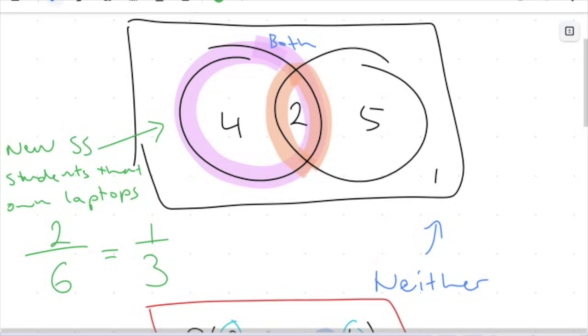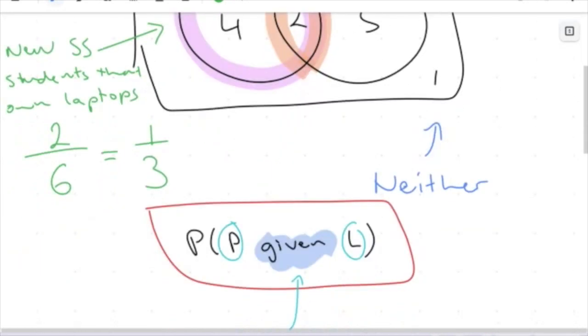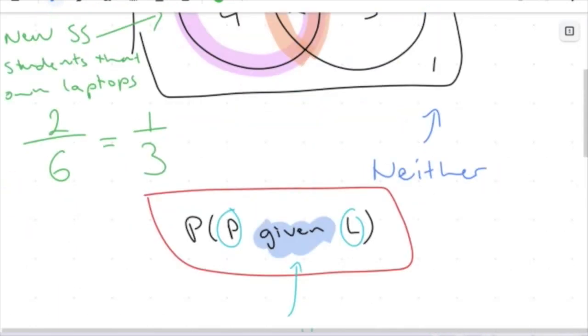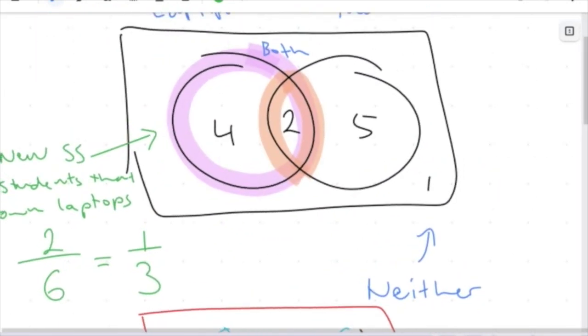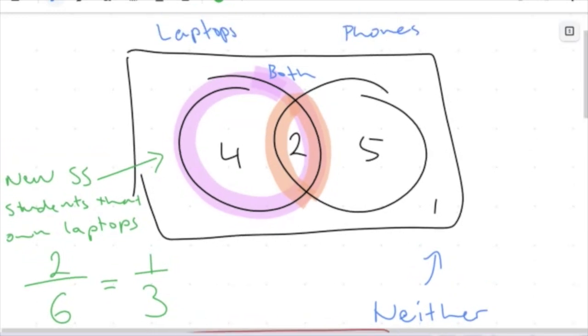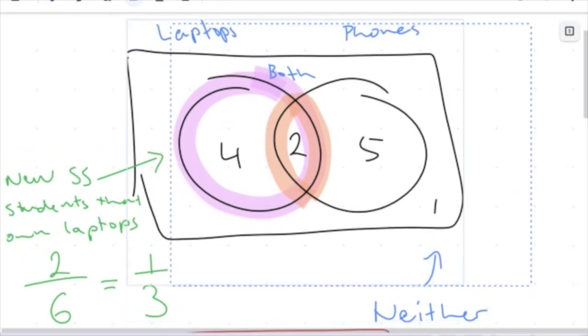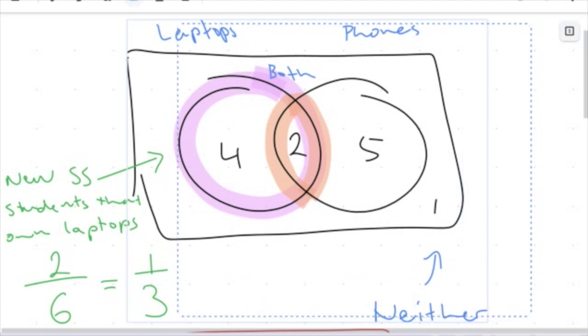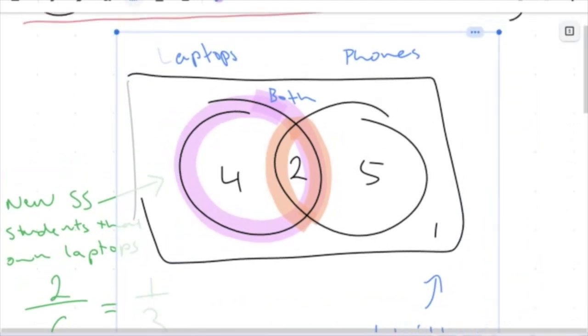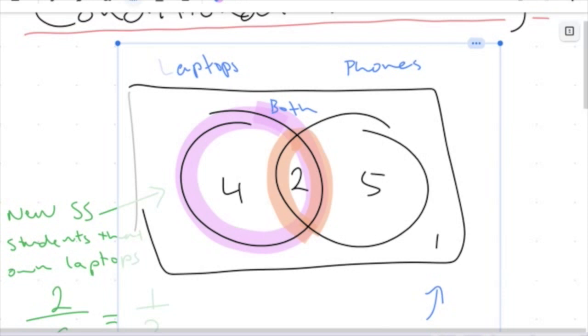Now let's take this example and look at what happens if we go the other way. So let's just copy paste this particular thing here. And I'll fix this up a little later.